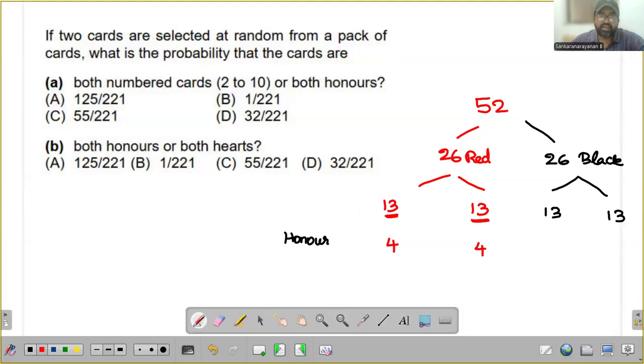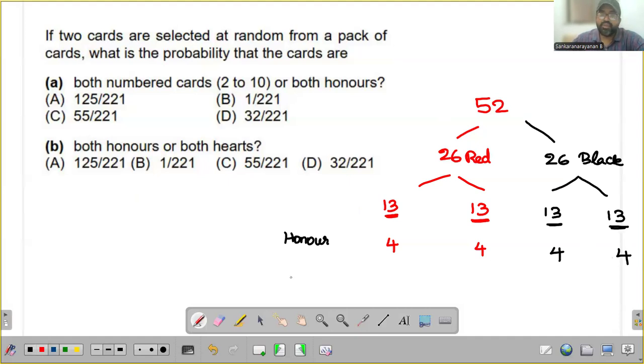In the same manner, club will have 4: ace, king, queen, and jack. And spade will also have 4. So 4 plus 4, 8, 8 plus 4, 12, 12 plus 4, 16. 16 honor cards are there.